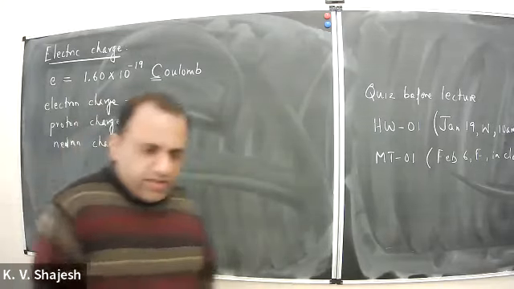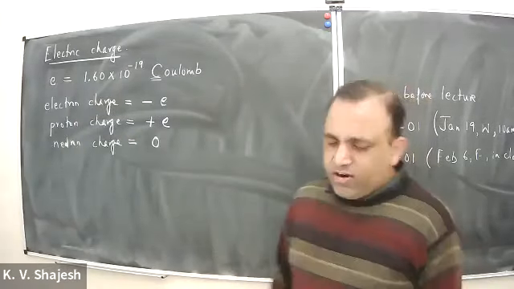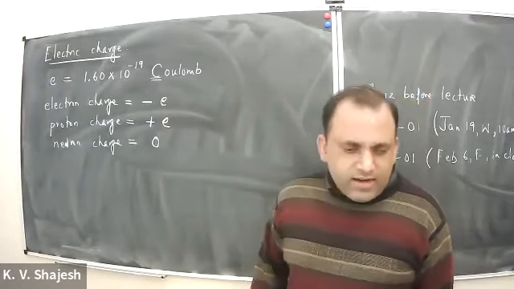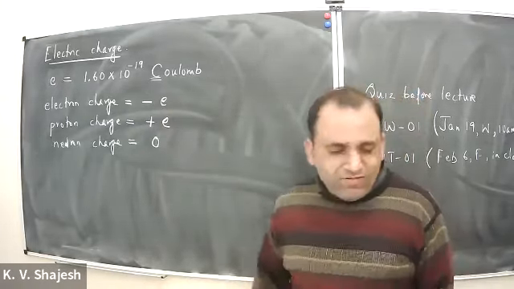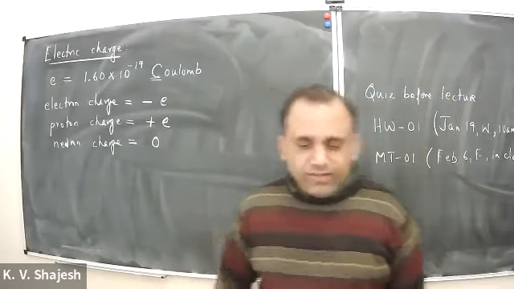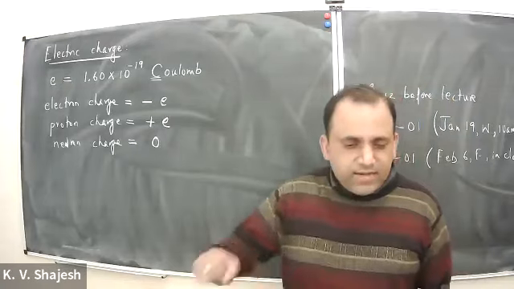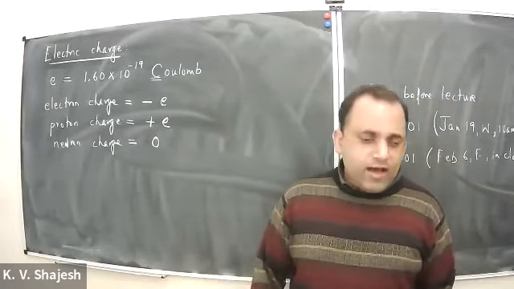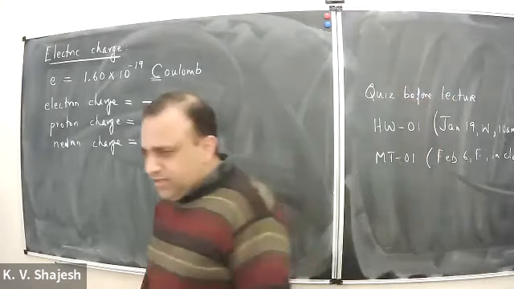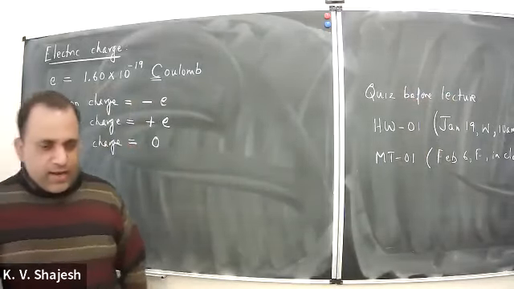And remarkably, every charge that we come across is in multiples of this. It never happens that you have 1.5 of an electron charge or 3.7 of that. It's always a whole number times this particular charge. So it makes it easier to realize how many electrons there are.